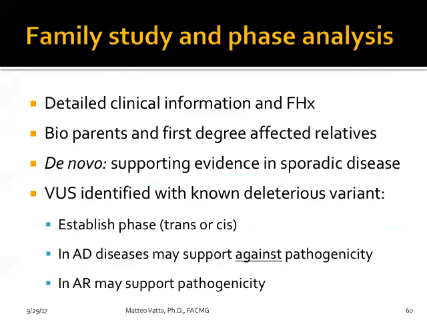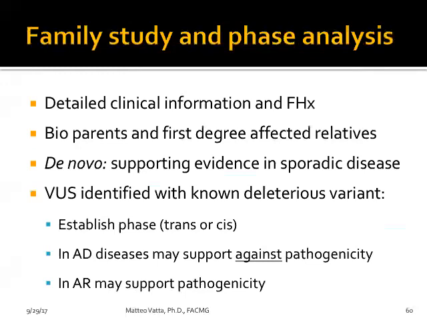So another way that a clinical laboratory can discriminate between bystanders or tolerated changes versus likely pathogenic changes is to do a family study, a co-segregation analysis. If the variant occurs in all affected members, but not in non-affected members, then we have a good chance that this is really the cause of the disease.